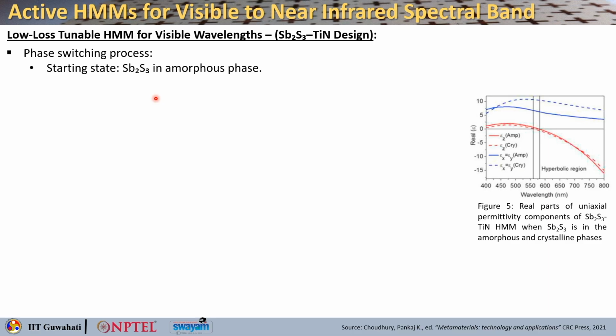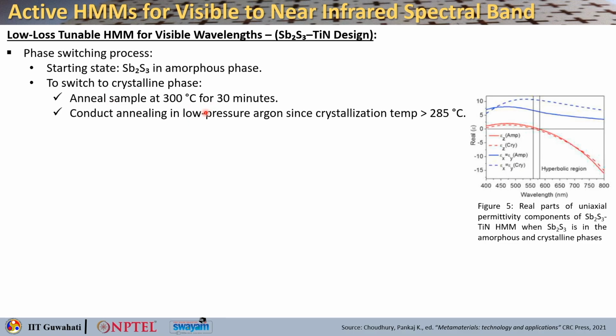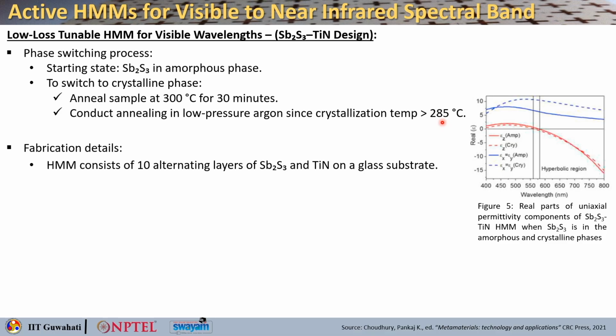For the phase switching process, you can think that your antimony trisulfide is initially in the amorphous phase, and when you want to switch to the crystalline phase, you have to first anneal the sample at 300 degrees centigrade for 30 minutes, conducting the annealing in low pressure argon, since the crystallization temperature is typically more than 285 degrees centigrade.